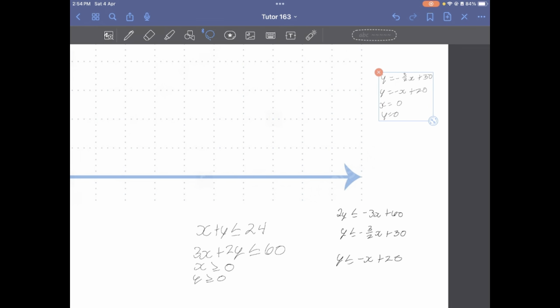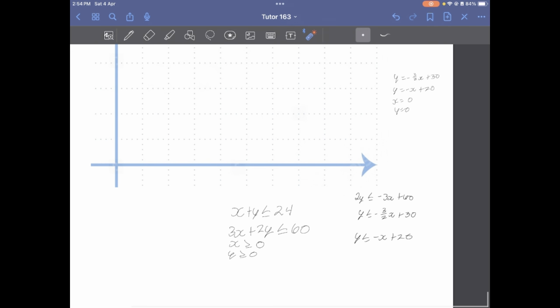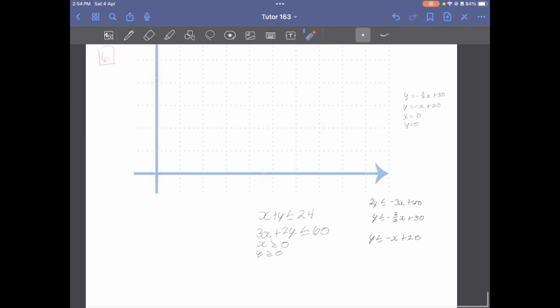So first one we're going to plot. We have to determine what units we're going to use on the graph, because we can't use 1. Because if we use 1, this would be like 1, 2, 3, 4, 5, 6, 7, 8, 9, and it wouldn't fit, because you see these numbers go up to 60 and stuff like that.